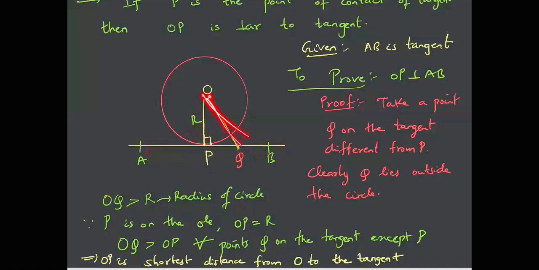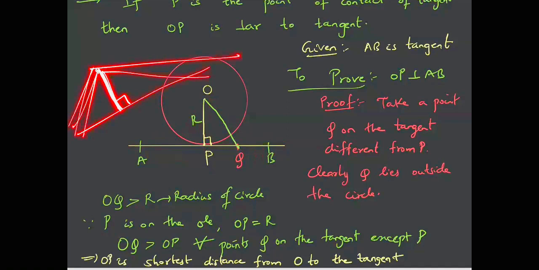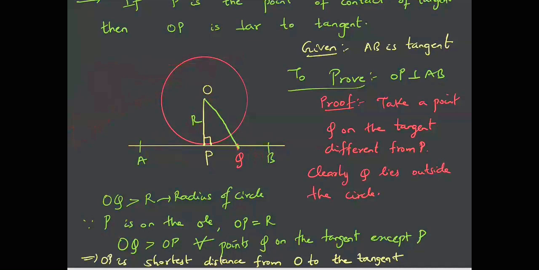So OP is the shortest distance from point O to the tangent. And we have already studied earlier that from a point to a line, the shortest distance is the perpendicular one. We have studied this already because all these are hypotenuses, so all these hypotenuses are definitely greater than this side.